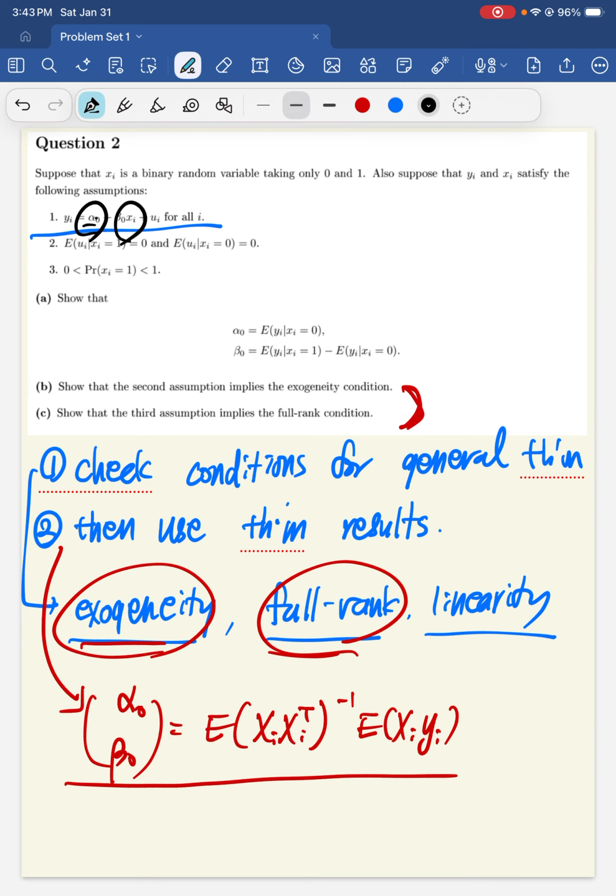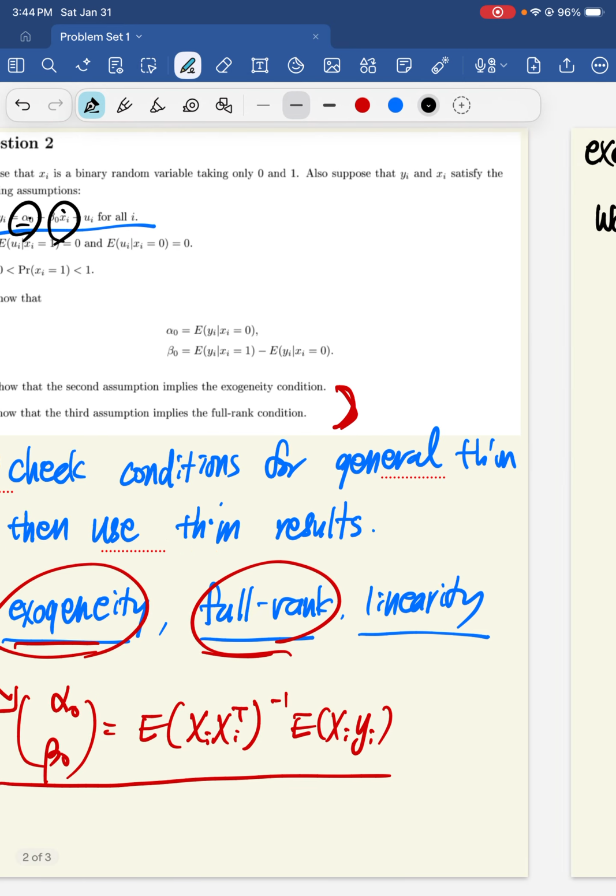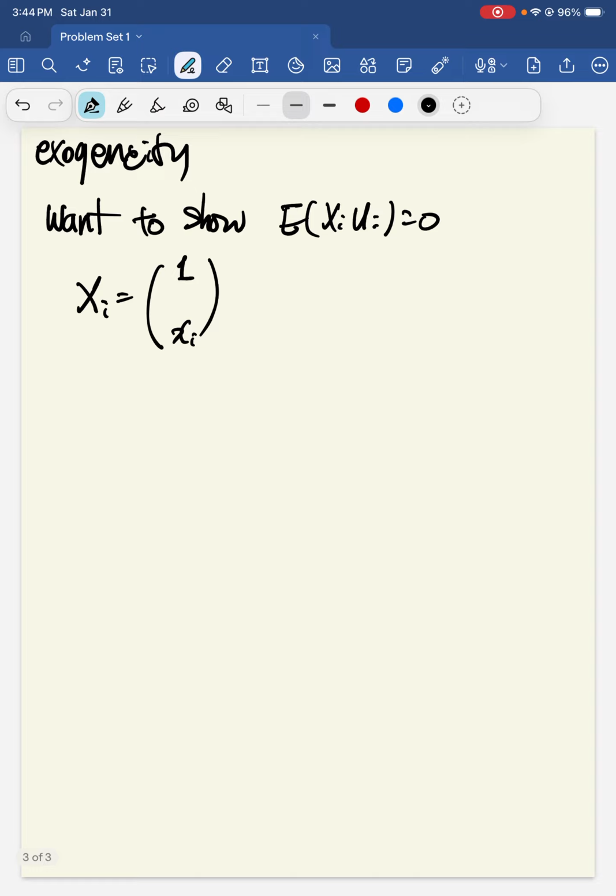One is the intercept and the other is the scalar x. But our general theorem used this notation, uppercase X, which includes all the regressors as a vector, right? So if you take this notation, then this means two equations.